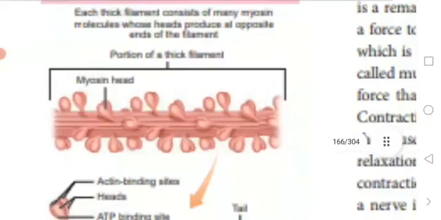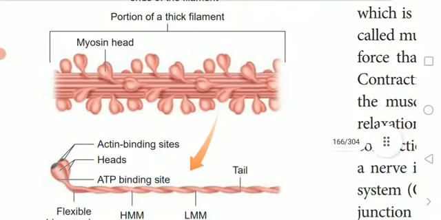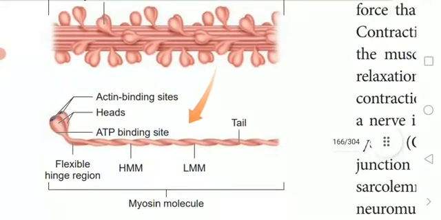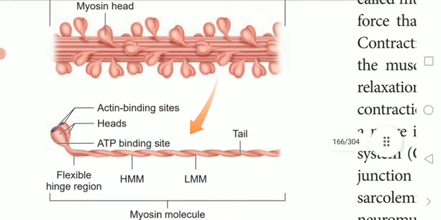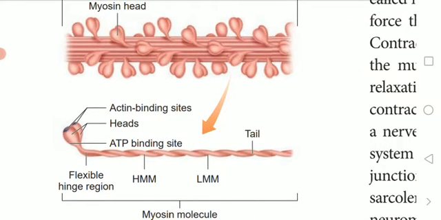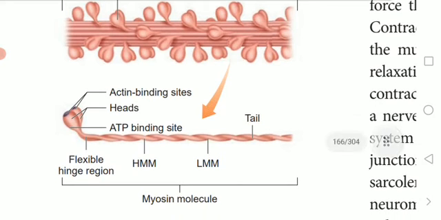It's a thick filament. This is the single structure of a myosin protein: actin binding sites, heads, ATP binding sites, HMM, which is heavy meromyosin. And the tail portion forms LMM, light meromyosin.